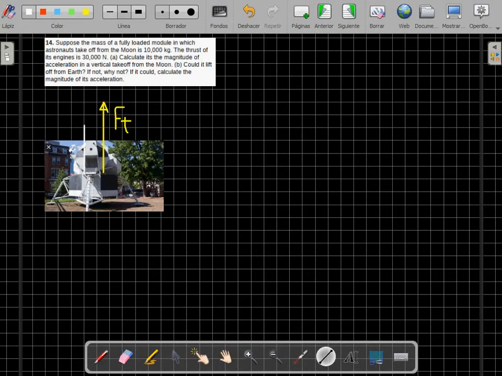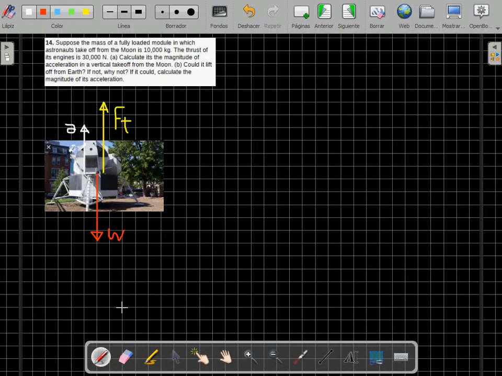That the module goes upward. And don't forget that the weight is also important and involved in this exercise, because that liftoff should fight against the weight.